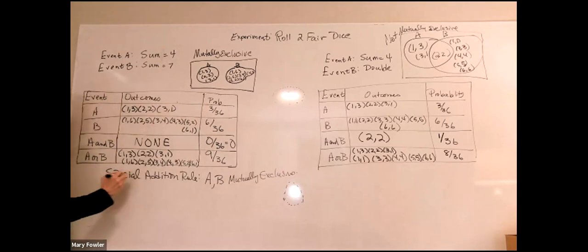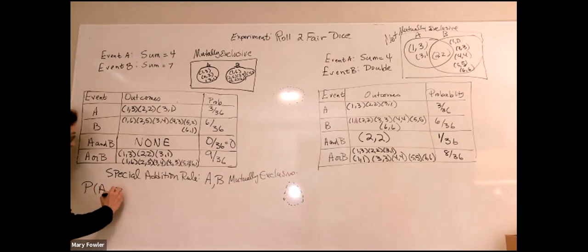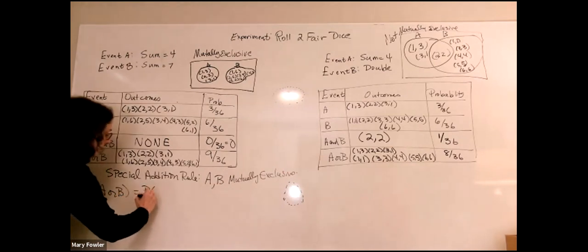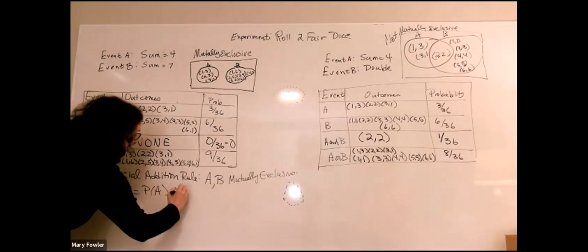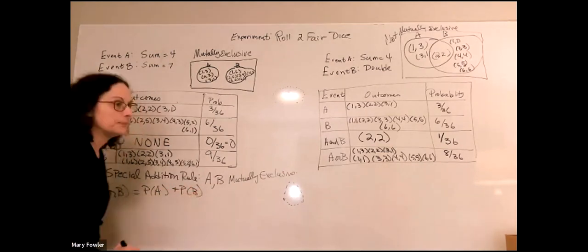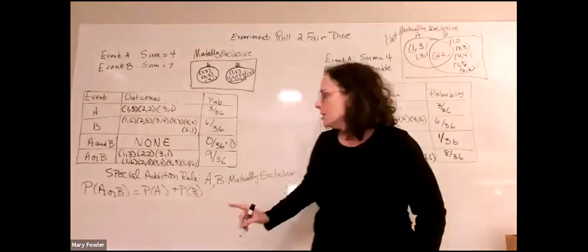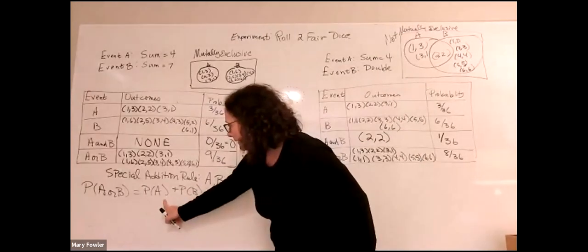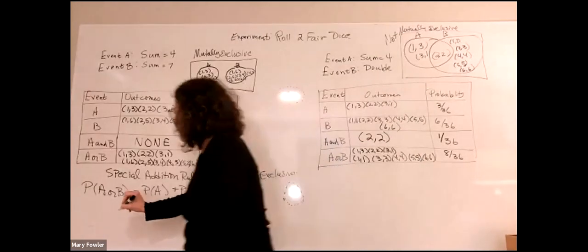Then the special addition rule says that the probability of A or B is equal to the probability of A plus the probability of B. Okay, so let's go ahead and calculate this.